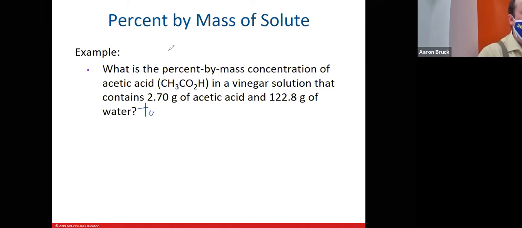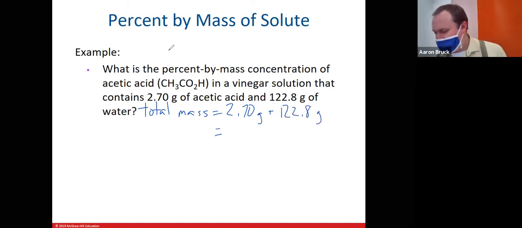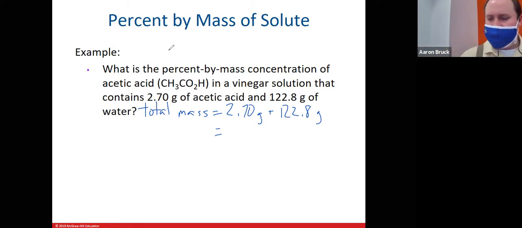To find the total mass, I need to add those two numbers together, 2.70 plus 122.8. That would give me 125.5 grams total.